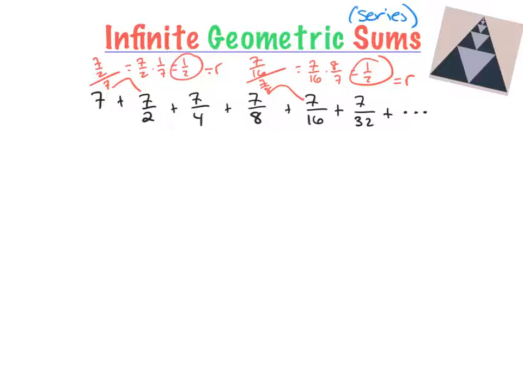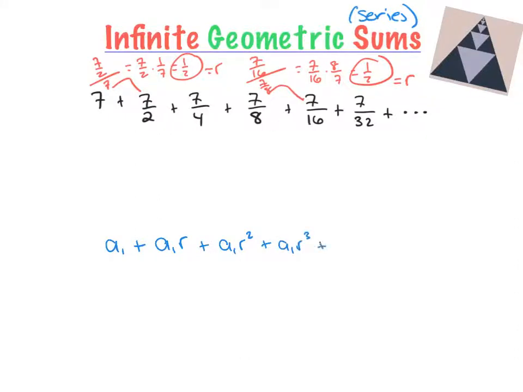So, going back to this problem, when we're adding these terms up, we're going to have a formula kind of similar to the way that we had one for arithmetic sequences. And our formula is going to look like this. If we had, in general, a geometric sum, A1 is our first term, our next term would be A1R, then A1R squared, A1R cubed.